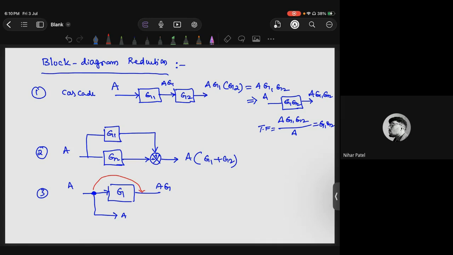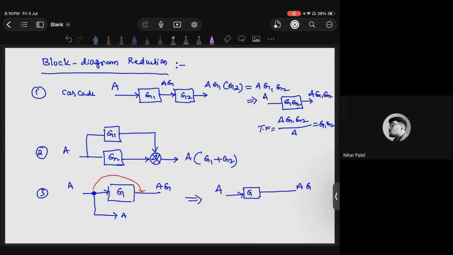What do we do? This is very important. Even after shifting, the input and output should not change. So you start with A, take Z, you'll get AZ, correct?